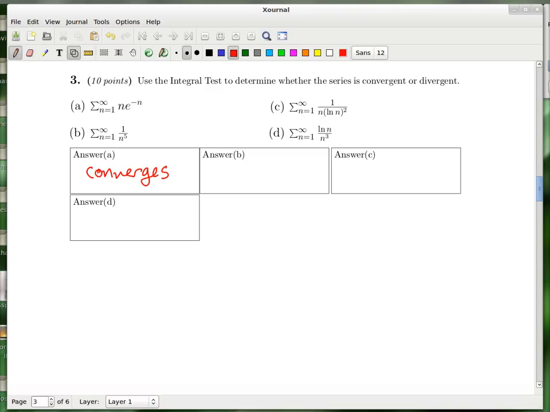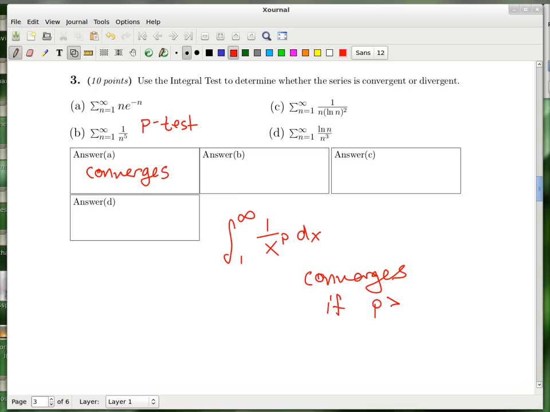These other ones are easy. So B, you should just know this is the p-test. The p-test for integrals here is inherited by the series, and so let me just remind you that this converges, and you should definitely know this, if p is greater than 1, and diverges if p is less than or equal to 1.